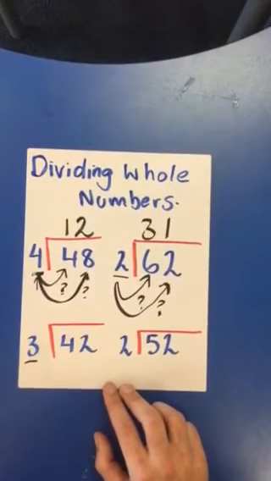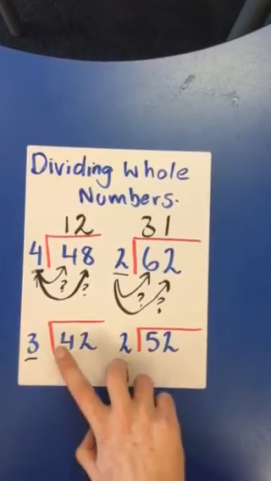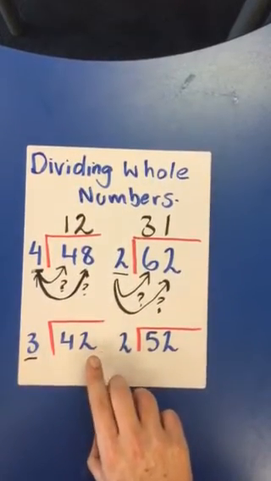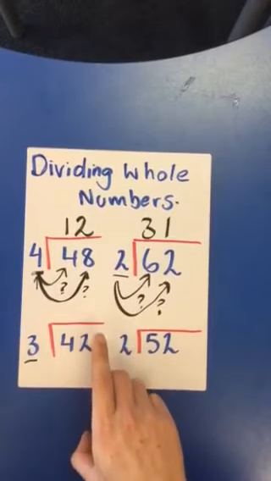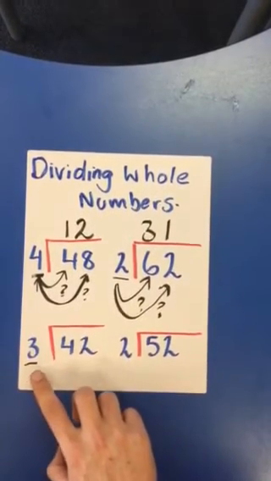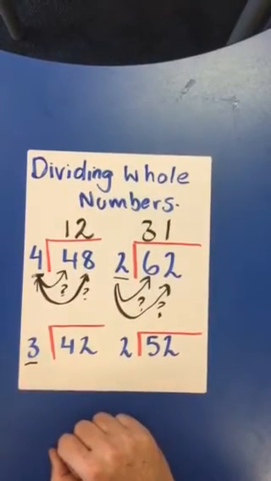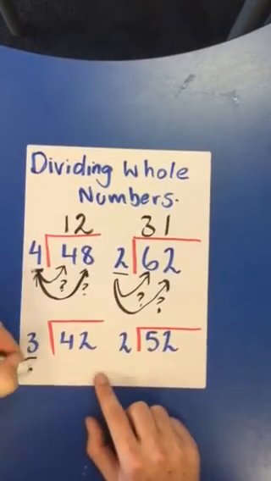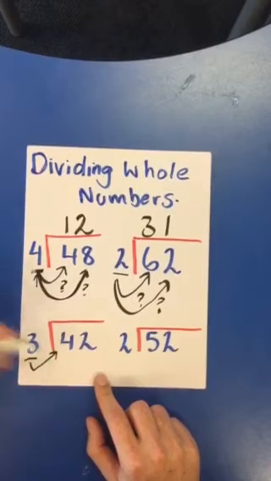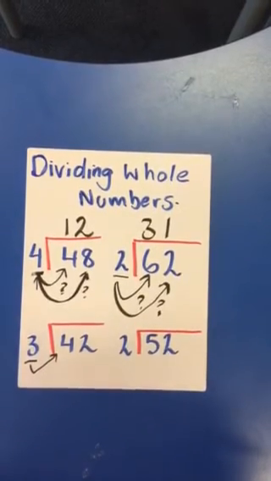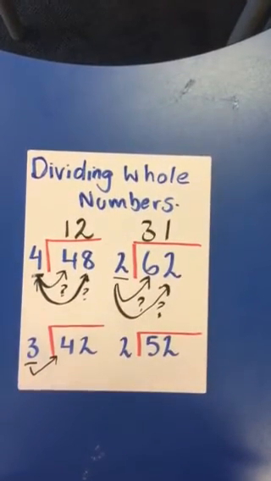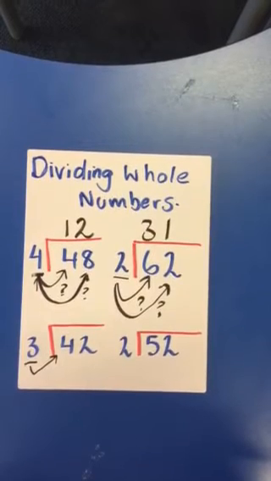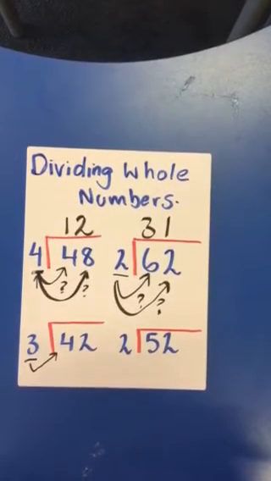Starting here, I asked myself, these 42 students are being divided up into 3 classrooms. Okay? I asked myself, how many times does 3 fit into 4? And these questions are tougher because they don't fit in there evenly.